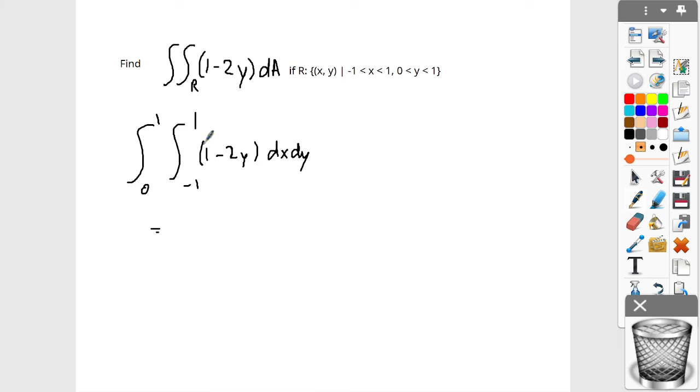Even though all the stuff on the inside is in terms of y, do not reduce it down to 0, because it's a constant. Remember, it's integrating, not differentiating.